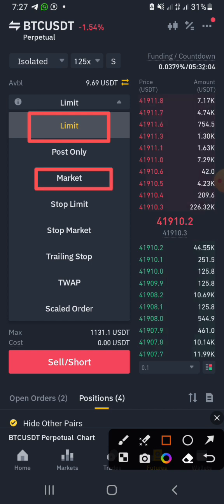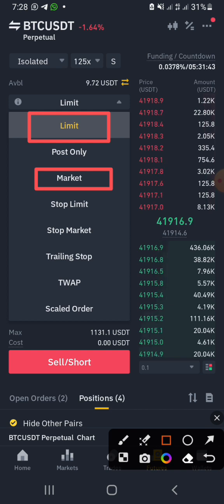What does limit do? Limit allows you to enter a market at a specific price you've allocated. For instance, you want to enter Bitcoin at $4,000. You set your limit at $4,000. When Bitcoin gets to $4,000, it's going to pick up automatically and your trade will be executed.